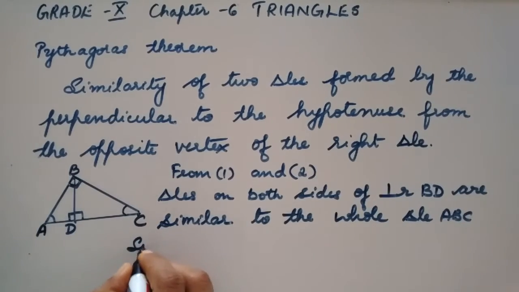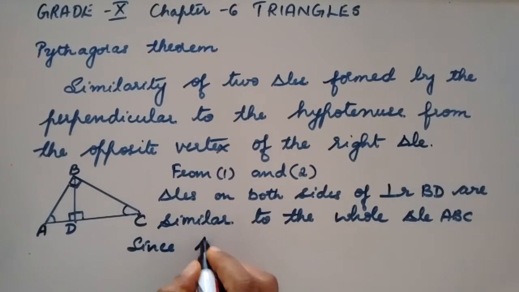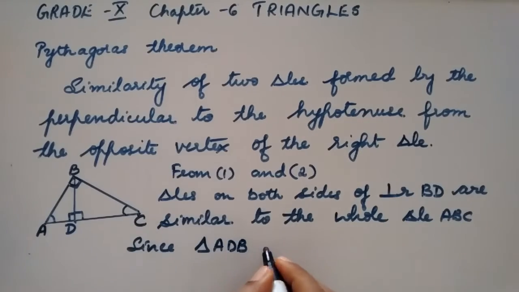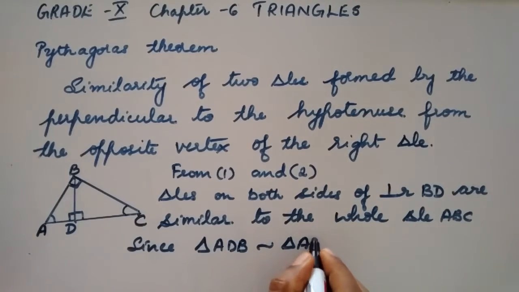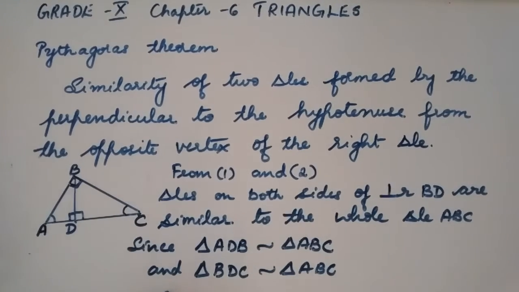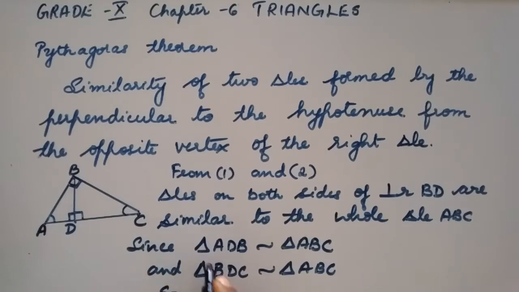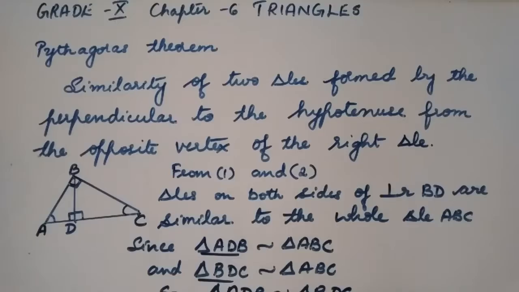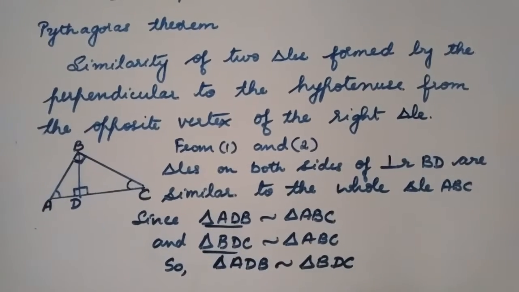And since triangle ADB is similar to triangle ABC and triangle BDC is similar to triangle ABC, so triangle ADB is similar to triangle BDC.